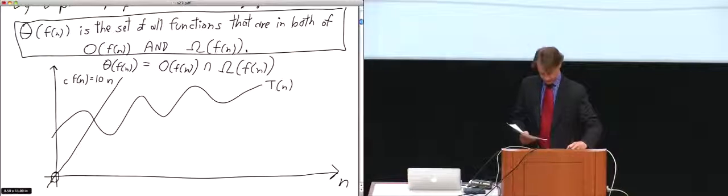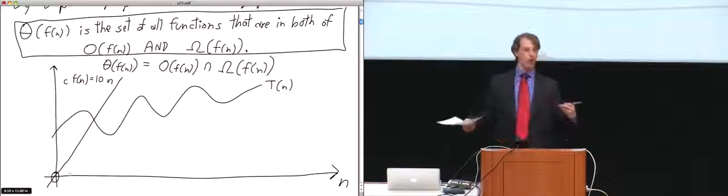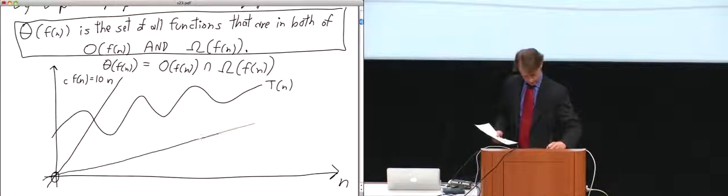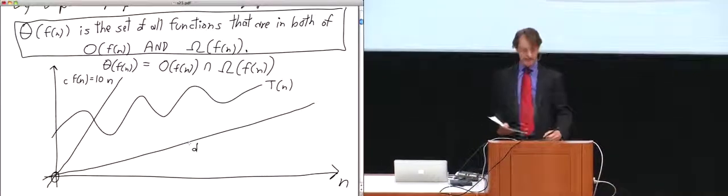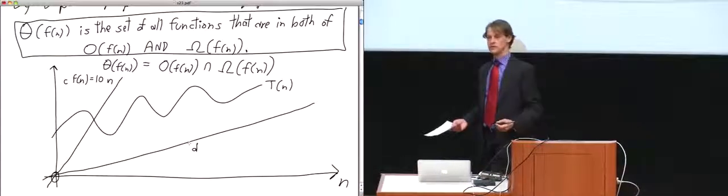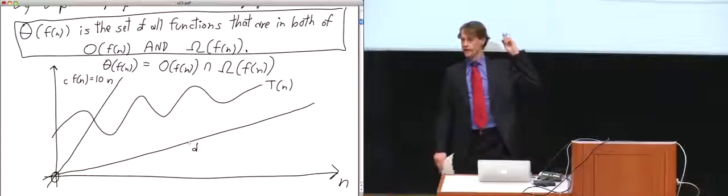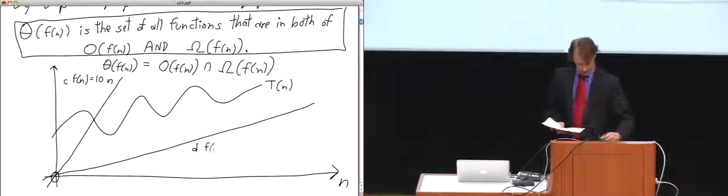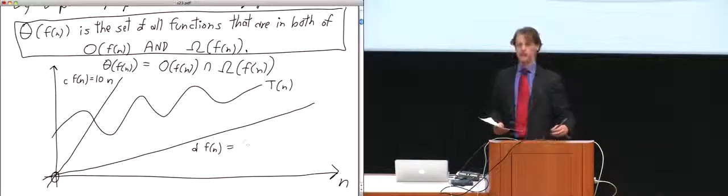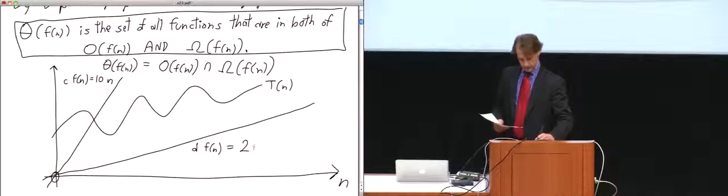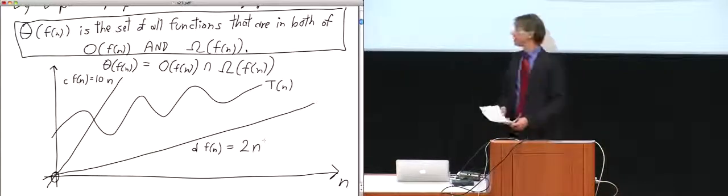And I draw a different line to show the big omega bound. So this will also be a linear function. And this linear function gives us the constant d, the same constant d I used in the definition of big omega, times our function. And maybe d is 2, and our function is n.